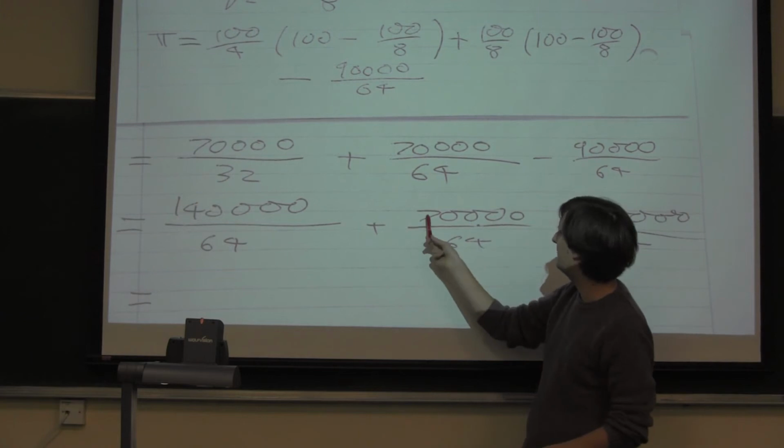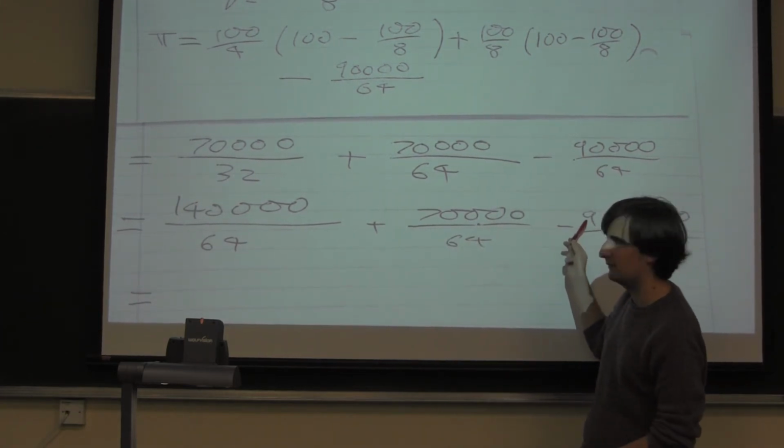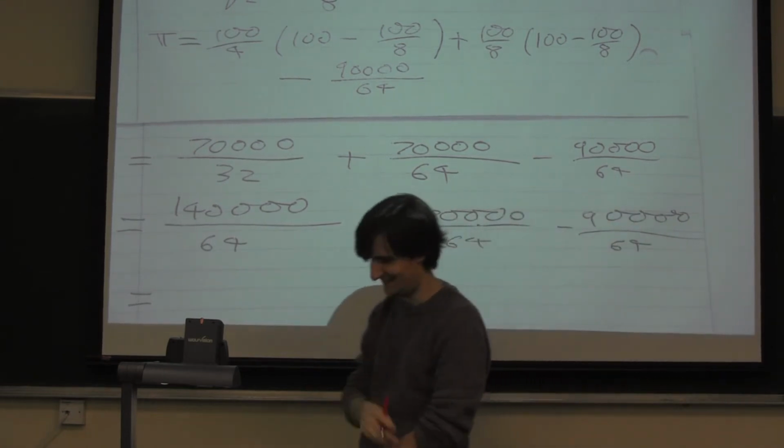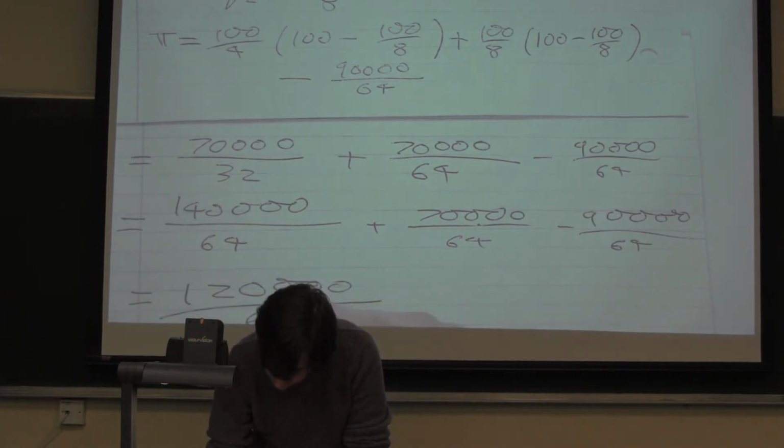14 plus 7 is 21, minus 9 is 12. You can add that better than I can. That is 120,000 over 64. And so this is like 4 zeros over 32, so 16.